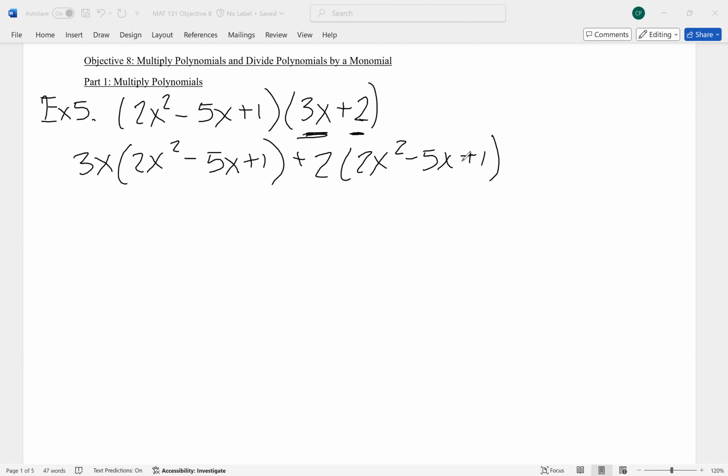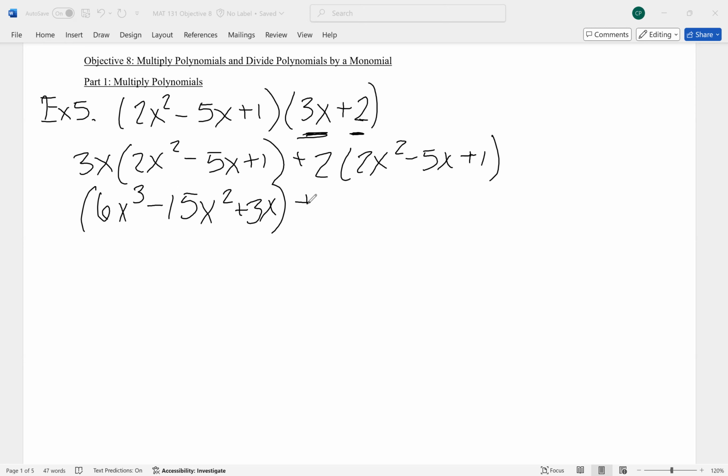So 3x times 2x squared minus 5x plus 1 is going to give us 6x cubed minus 15x squared plus 3x.